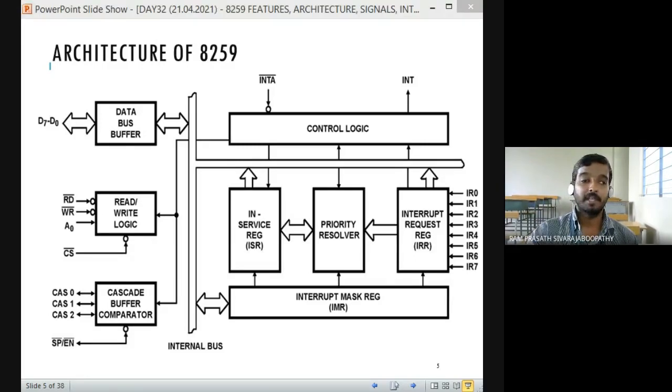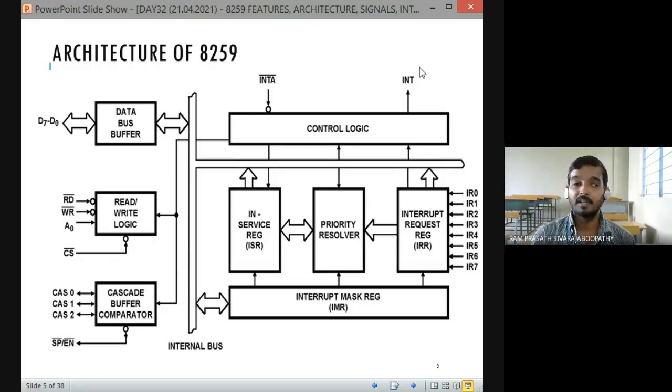Okay. So if I use the 8259, where should I connect the interrupt generated from the 8259? The interrupt out generated from 8259 must be connected with the INTR pin of 8085. Right? As it doesn't have the vector address, it is going to ask the 8259 through the INTA bar pin.